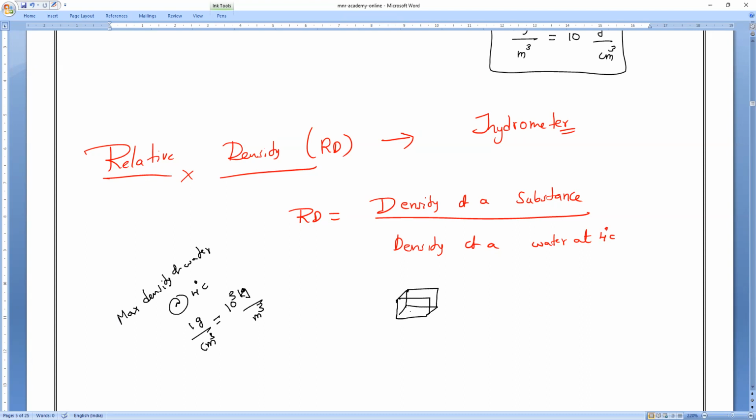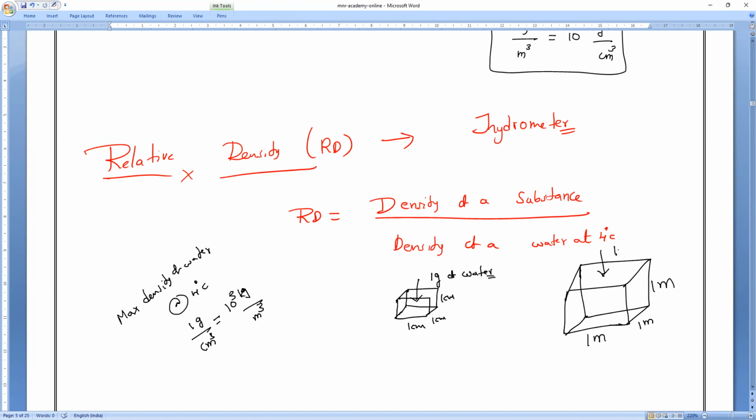If I design a cube of each side 1 meter, how many kgs of water can I fill? 1000 kg of water. So that is the density basically. Clear, everybody? That is water.